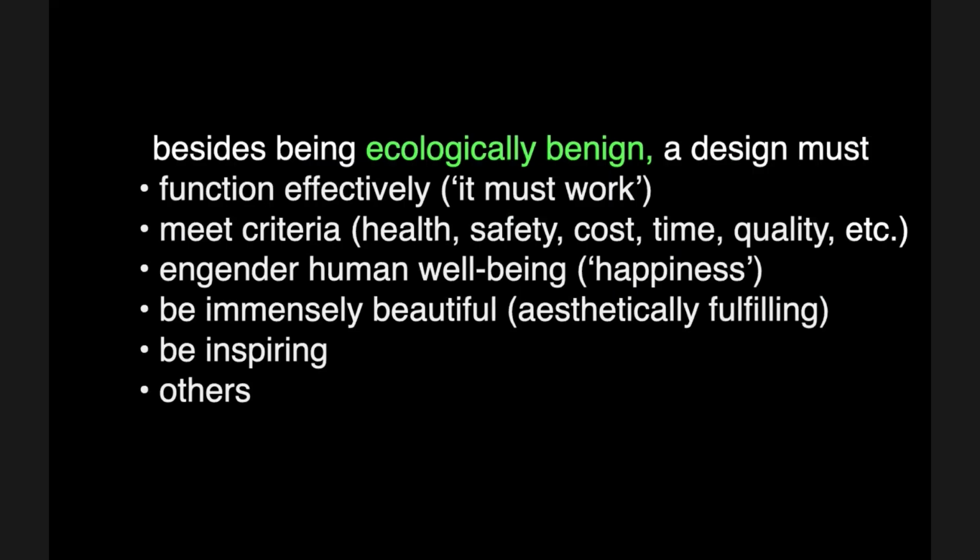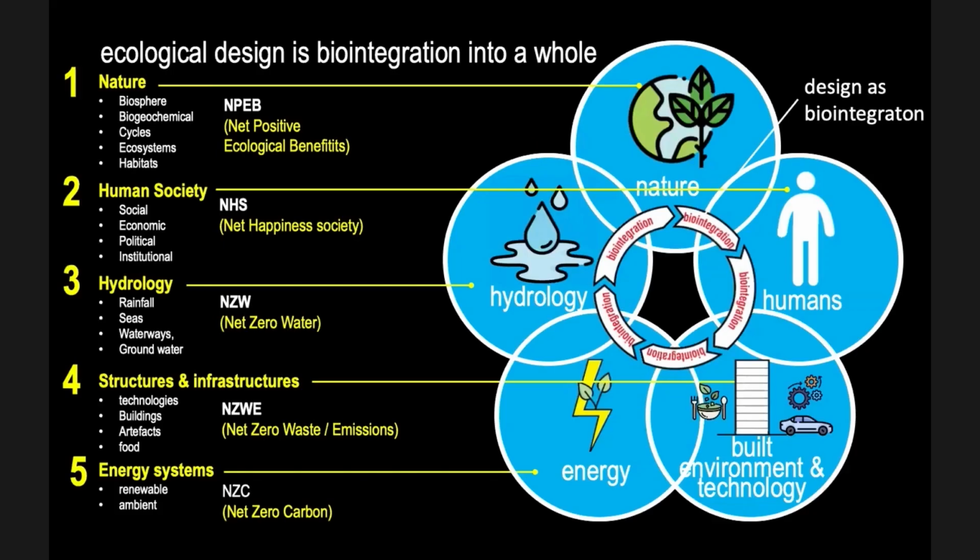So an ecological design must function effectively, it must work, it must meet criteria, it must engender human well-being, and it must be beautiful and inspiring. These are the five factors we need to consider in ecological design: nature, our built environment and its impacts, and our structures.